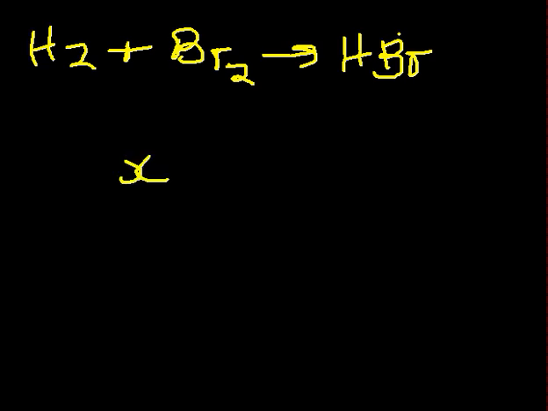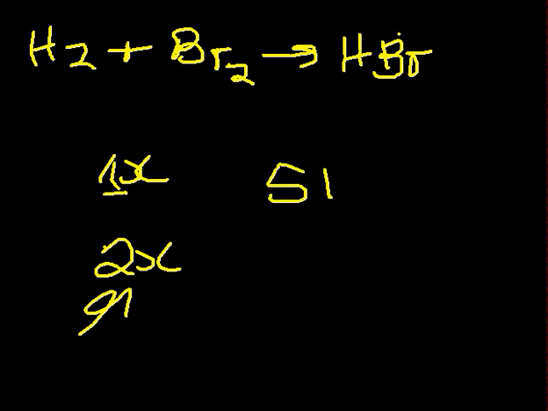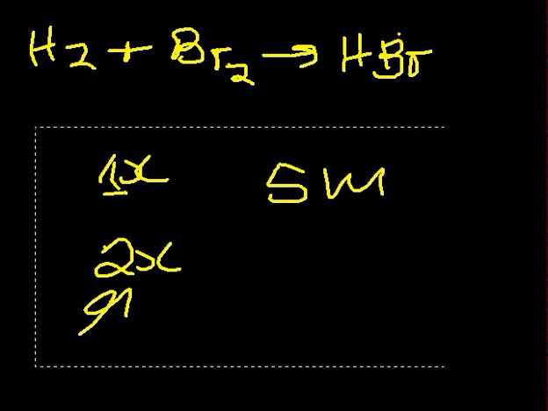The coefficient of this x is 1, which means having x is the same as having 1x, because 1 is silent. Now let's say we have 2x. In this case, 2 is the coefficient of x. And let's say we have 5m. In this case, 5 is the coefficient of m. That's what you have to understand about coefficients.